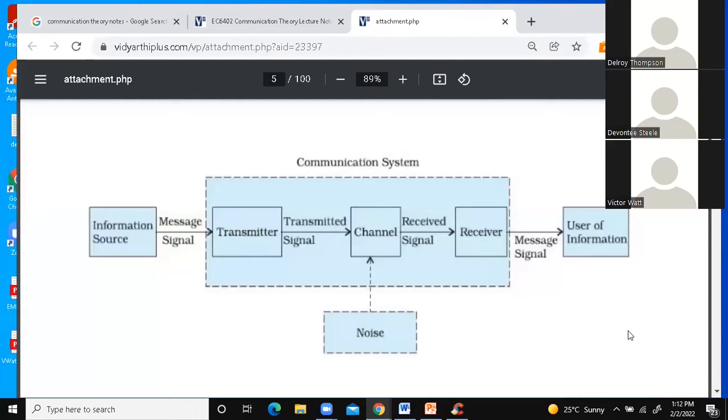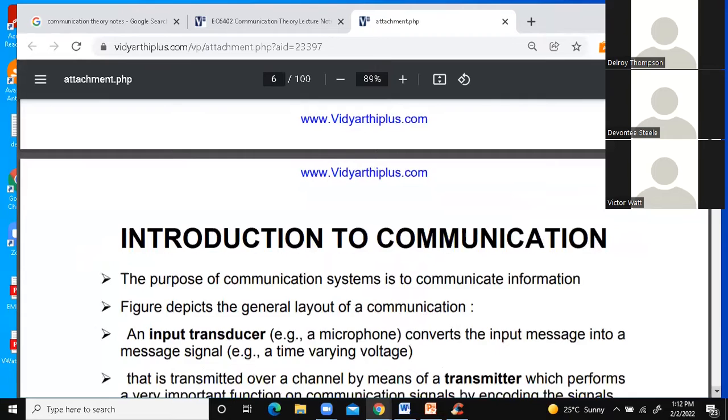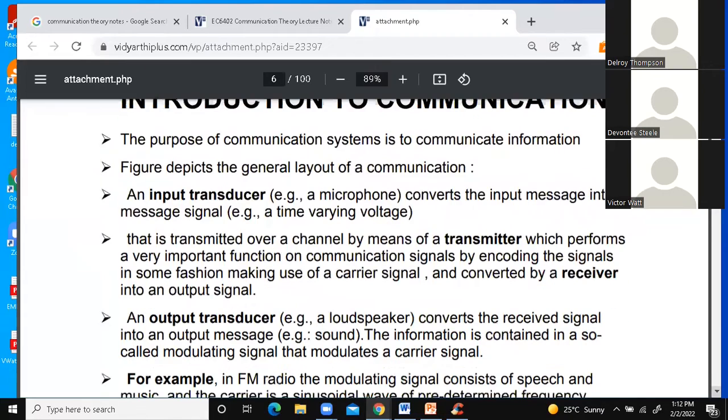So we have to have it in the back of our minds that in electronic communication, we will encounter noise like anywhere else. So we have to know how to treat with it.